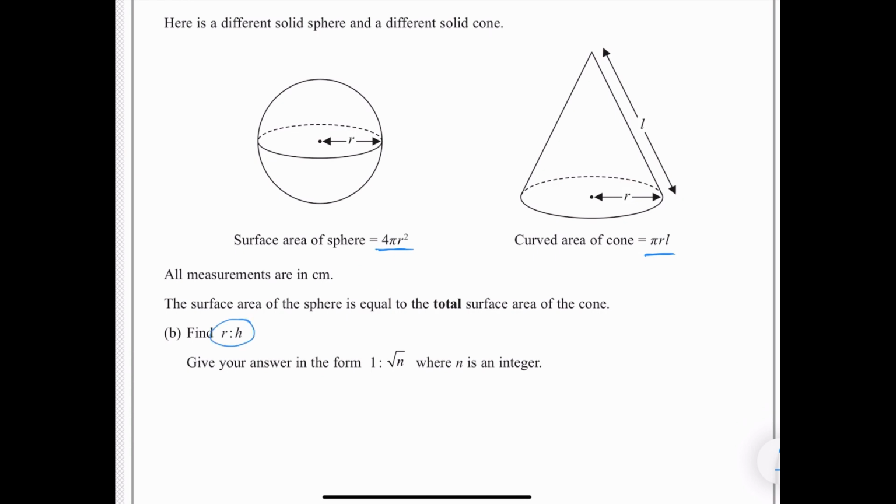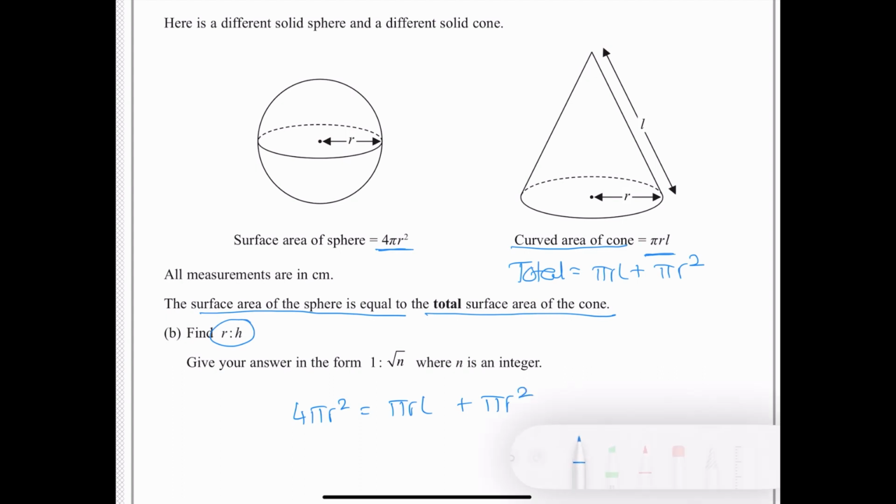Okay, the total surface area of the cone is equal to the surface area of the sphere. Okay, we've got the curved surface area, so I want the total would be the curved plus the area of the circle at the bottom. Okay, so that means I've got 4 pi r squared equals pi rl plus pi r squared.